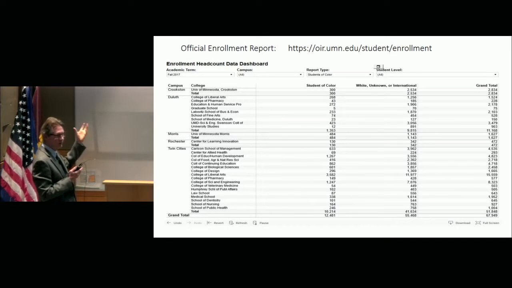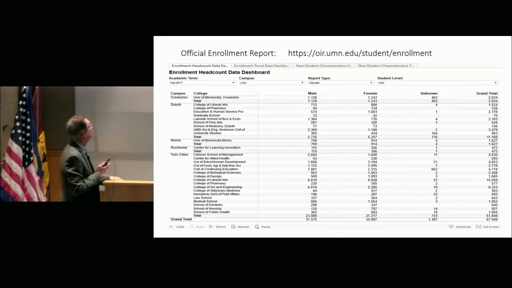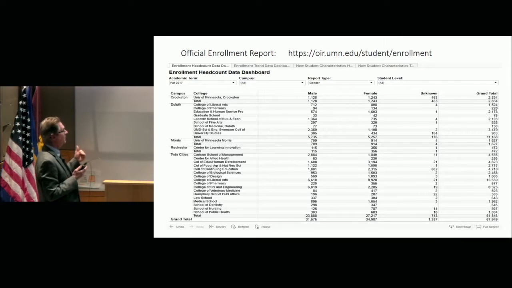We also have roll-up reports like this, so you don't have to add up the numbers yourself if you need it for any sort of reporting. Also by gender: male, female, unknown. One side story: when we report to the feds, we are not allowed to report gender unknown. So there's initially a program that runs against these unknown numbers, takes the person's first name, goes against all first names at the U that match, and takes the predominant gender and assigns it.